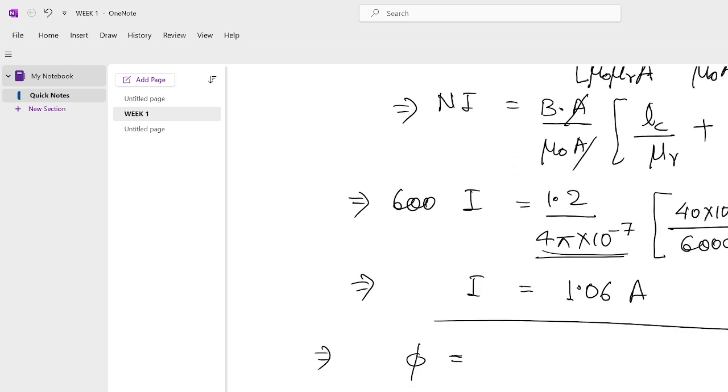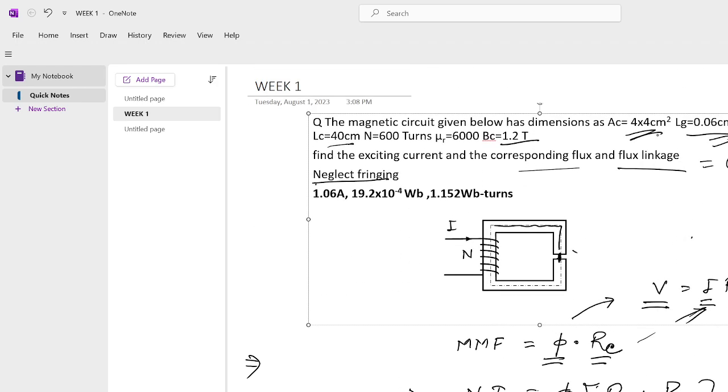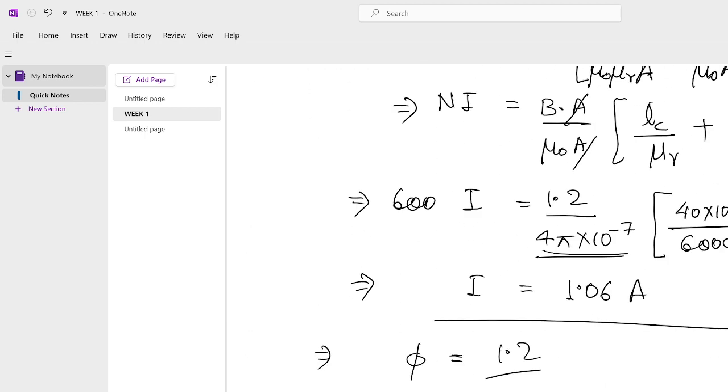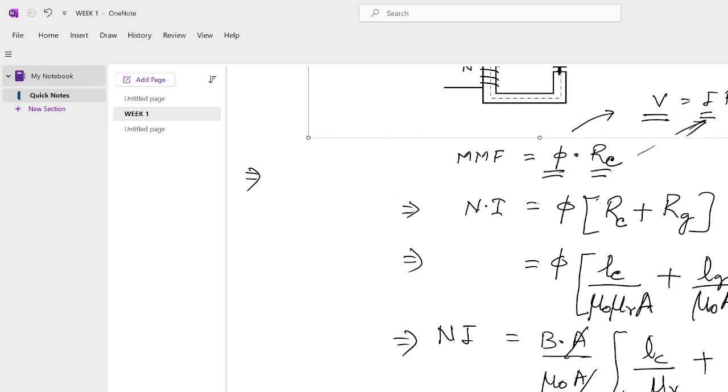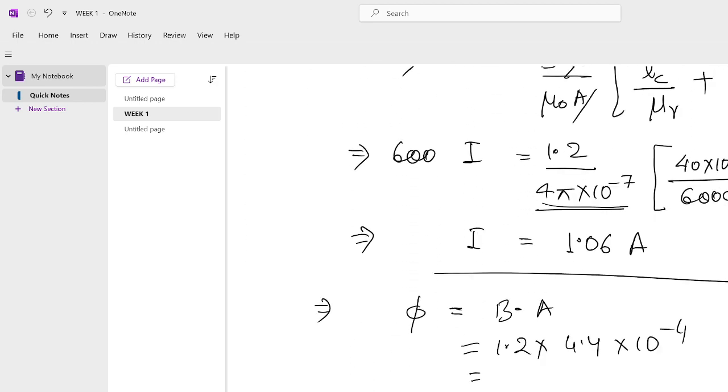So flux will be 1.2 divided by the cross section area. What is this? 4 cross 4, that is 16 into 10 to the power of minus 4. Flux is B into A, that is 1.2 into 16 into 10 to the power of minus 4. As someone pointed out, it will be 19.2 into 10 power minus 4.